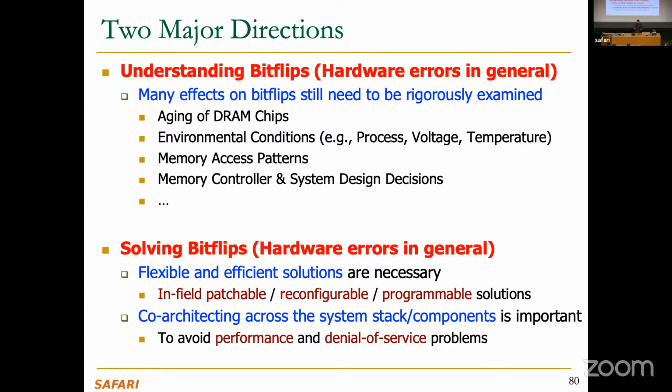When you close the row, some of the electrons in the channel of the access transistor can drift towards the victim cell. When the row is open, they can be trapped by the interface traps in the access transistor. When the row is closed, those trapped electrons are released, and they can also migrate to the victim cell. So that's one mechanism.